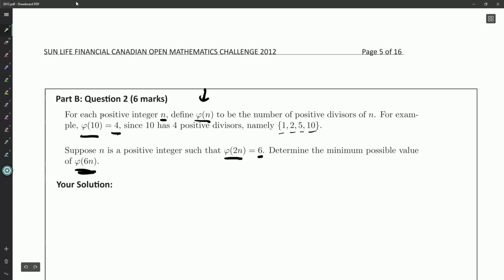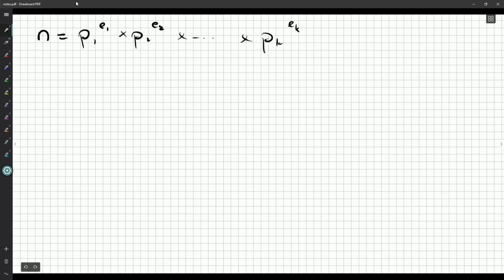Interesting. Okay, so what can we do? Well, we could, of course, experiment around. Can I think of something that has only 6 positive divisors? And you might say, well, how do I know what has 6 positive divisors? Well, if I prime factor a number into products of powers of primes, so each of these p's is a prime, and they're all different primes.